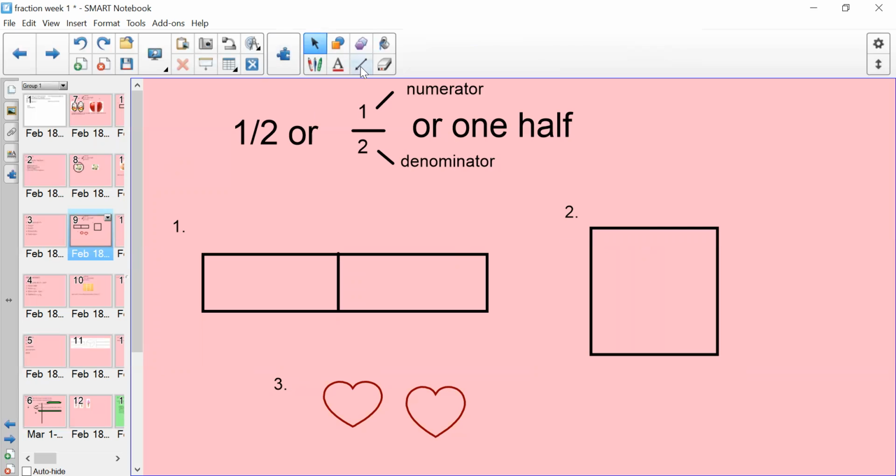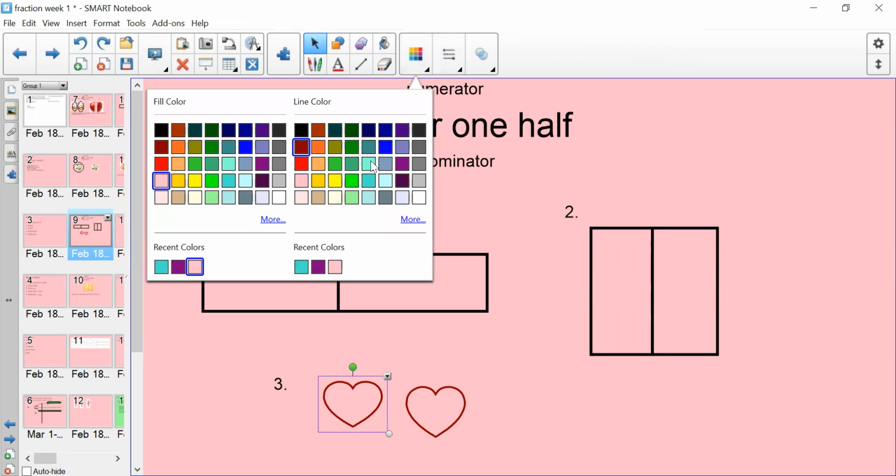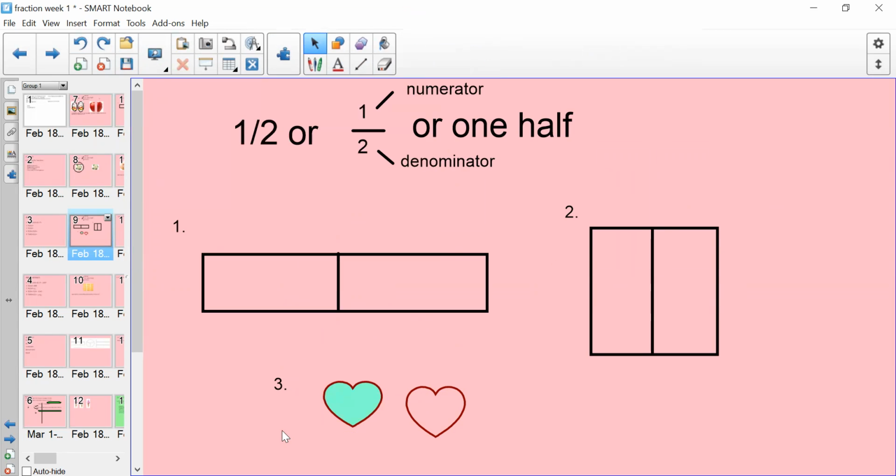Okay, then the same with the square. You could have showed me equal parts this way. So you could have showed me a half this way. Or you could have showed me a half this way. Okay, and then when we colored in 1/2 of the hearts, you would have drawn 2 hearts and then colored in 1 of those hearts.